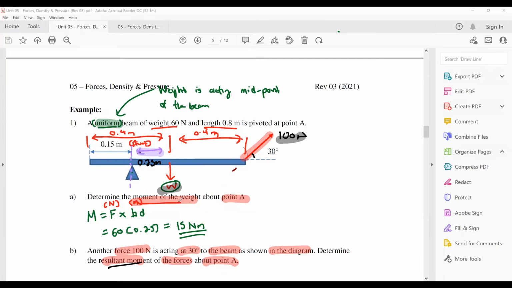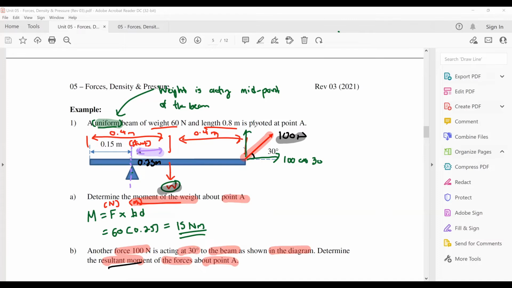But rather than doing that, why not we just resolve the forces? If I resolve the forces, I am going to get this force and this force. So the horizontal force will be 100 cos 30 because it's adjacent to the angle.